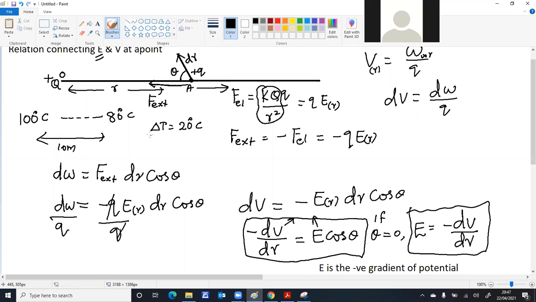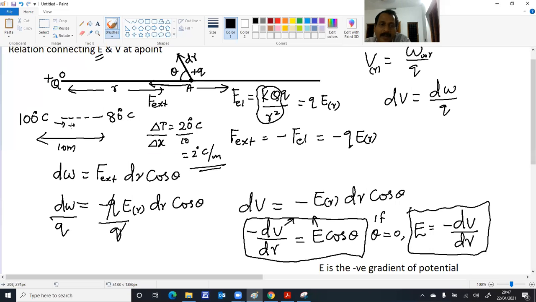For what distance? 10 meters. So what's the temperature gradient then? 2 degrees Celsius per meter. Means every 1 meter you go, the temperature will decrease by 2 degrees Celsius. Yes, sir.